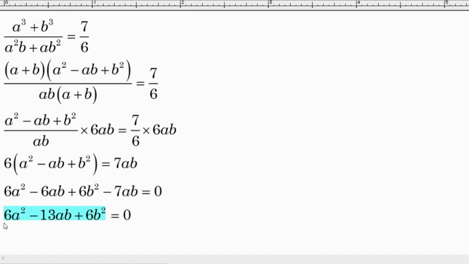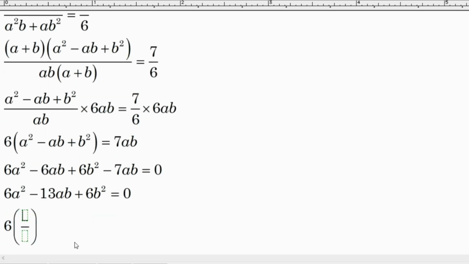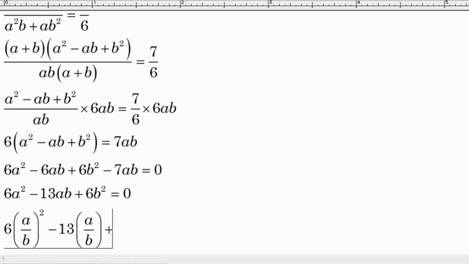Okay, so now I'm going to divide this equation by b squared. Then we will get 6 times a divided by b, all squared, and then minus, when we divide by b squared, 13 times a divided by b, and then plus 6 equal to 0.